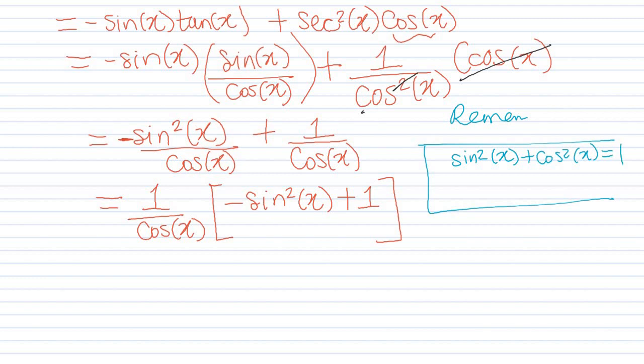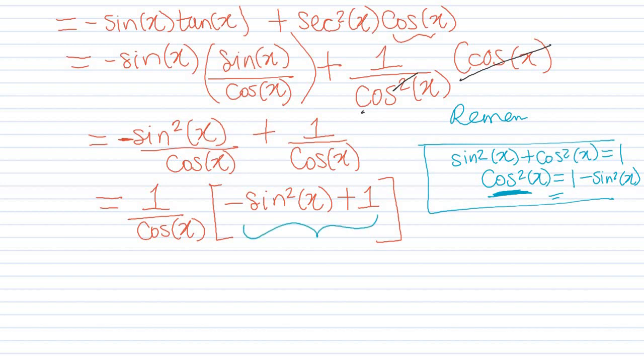So if we want to do it the way it's supposed to be done, we can have cosine square x equals 1 minus sine square x. You see, 1 minus sine square x. So cosine square x will be 1 minus sine square x, or you can also call it negative sine square x plus 1, which is what we basically have here, right?